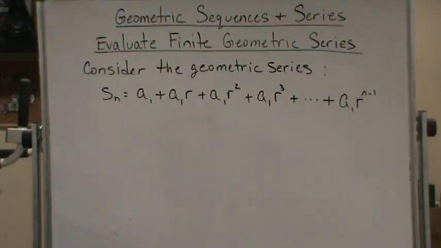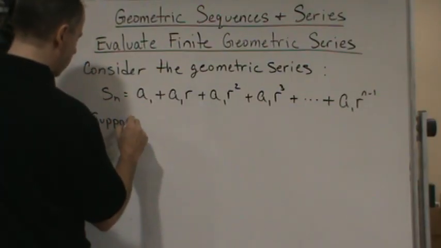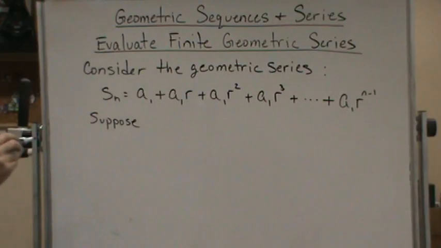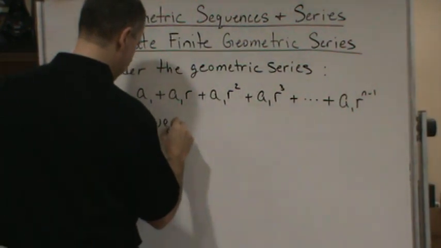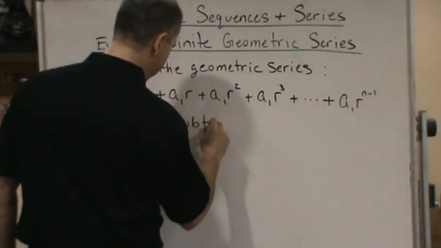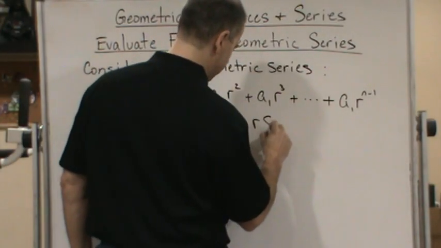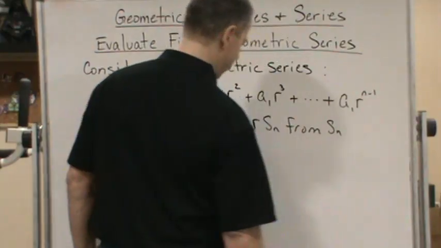Now, let's suppose that we subtract the same thing but multiplied by r. So suppose we subtract r times S sub n from S sub n.